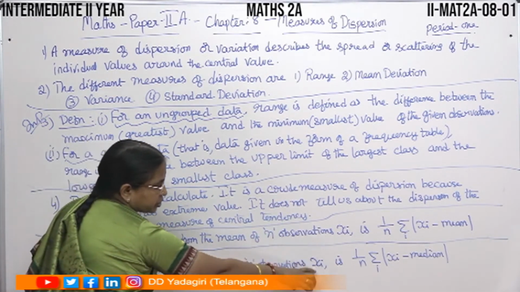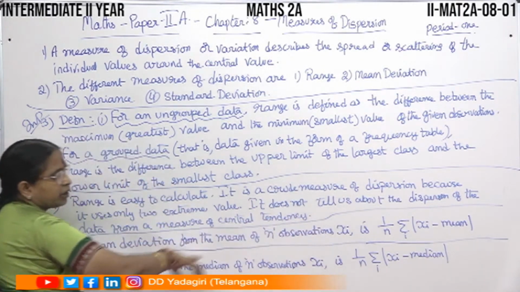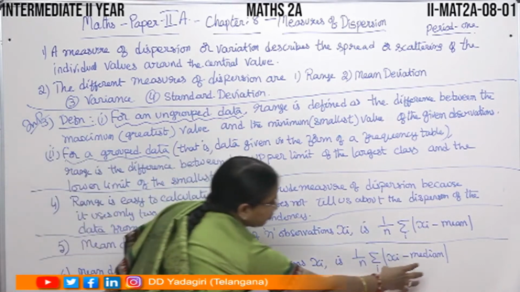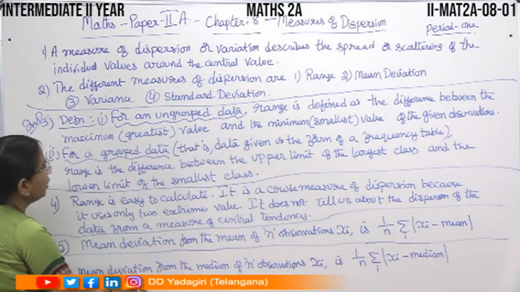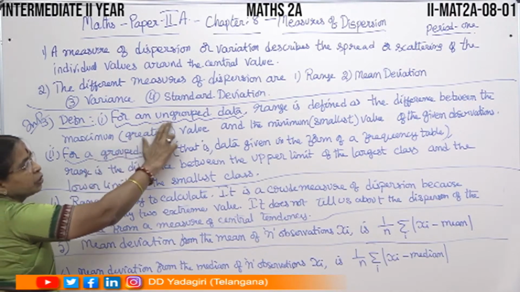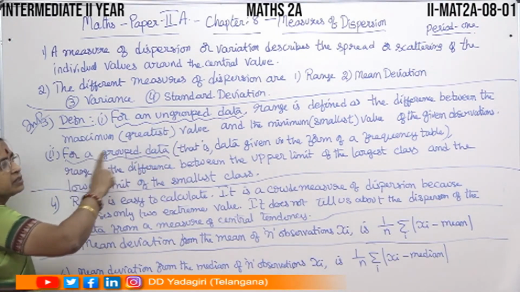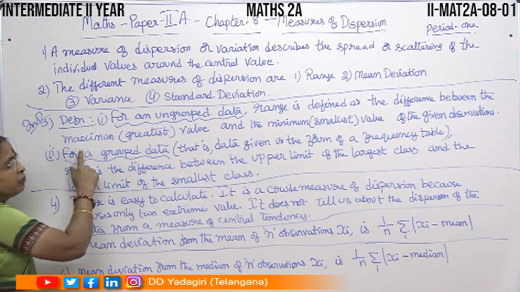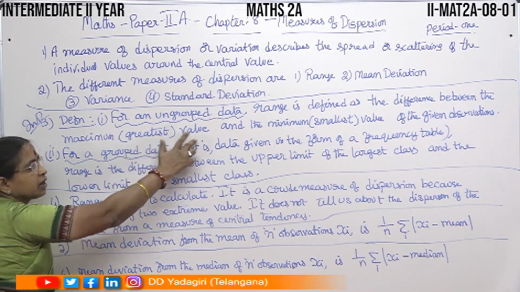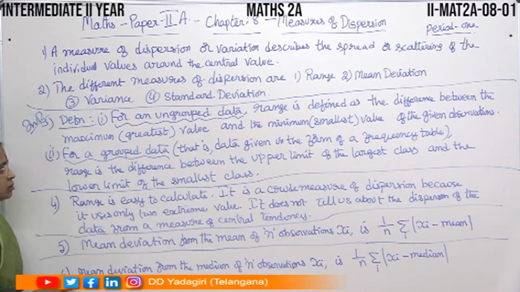Now this definition is very important: range, and then this formula. The mean deviation from the mean or from the median of n observations is given by the formula 1 by n into modulus. It is the absolute value, the positive value here. So these formulae and these two definitions are very important. For an ungrouped data, range is defined as the difference between the maximum value and the minimum value. You can write greatest value and the smallest value also.